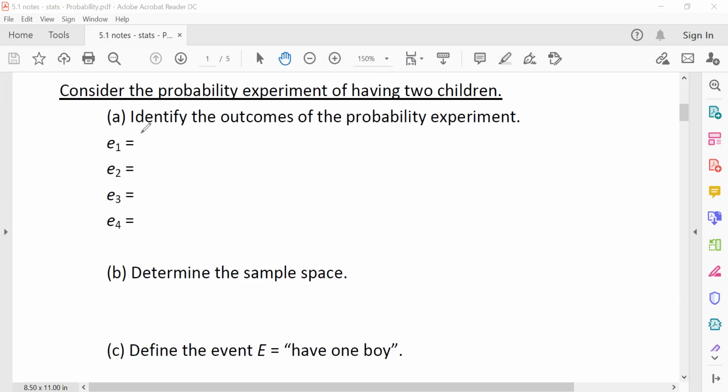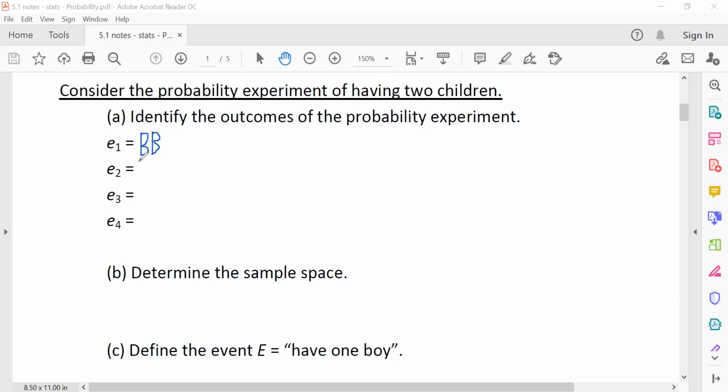Here's the first possible event. You have 2 boys. So we're going to call that BB. That's our first event. You have two children. One of the possible outcomes is that they're both boys, BB.